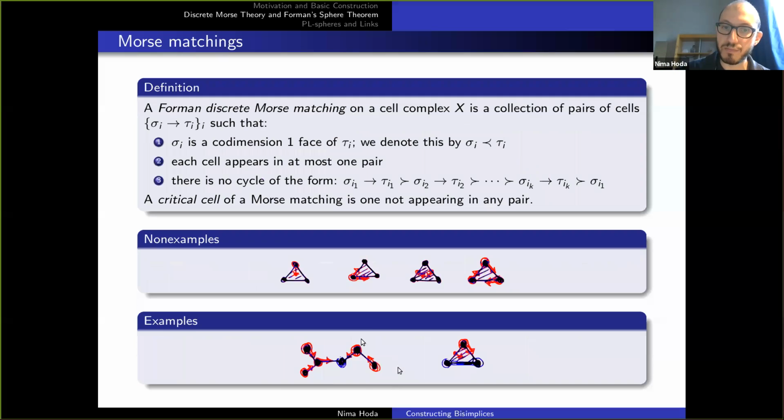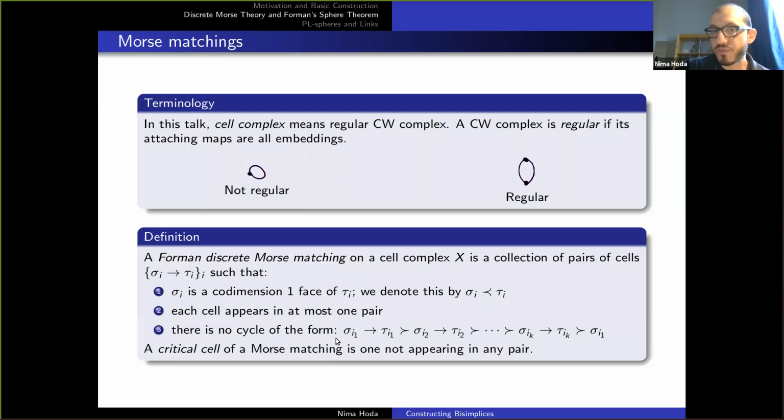I'll just note that if sigma_i1 has dimension d here, then all the sigma_i's have dimension d, and all of the taus have dimension d plus 1, right? That just follows from property 1. And so any collection of pairs satisfying these three properties is a discrete Morse matching. A critical cell of a Morse matching is one that's not appearing in any pair.